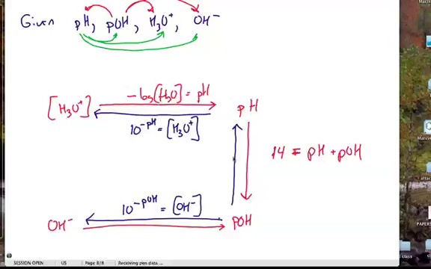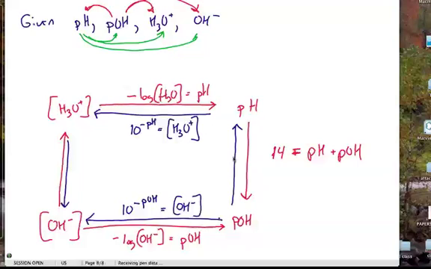And we can use OH minus, negative log of the OH minus will equal pOH. And lastly, we can relate H3O plus to Kw, because Kw is equal to H3O plus times OH minus. If we know one of them, we plug it in, rearrange, and solve for the other. So there you go.